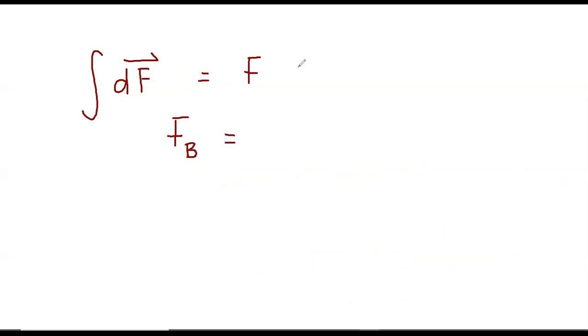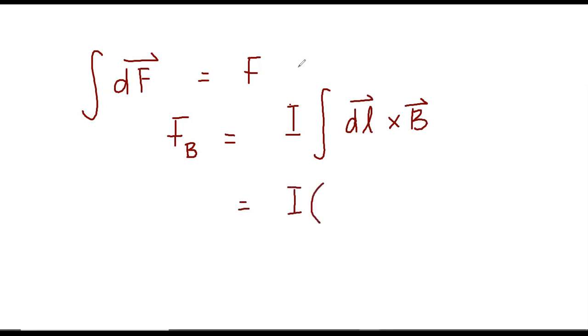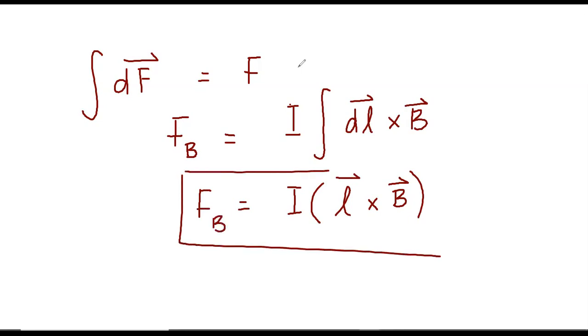I know I, the current flowing through the conductor, is a constant current that we have considered. So this is simply I times integral dl cross B. Again, B is a uniform magnetic field that we have applied. So this becomes actually L cross B, because the integral goes only on the total length of the conductor. So F, the magnetic Lorentz force, is also given as I times L cross B.